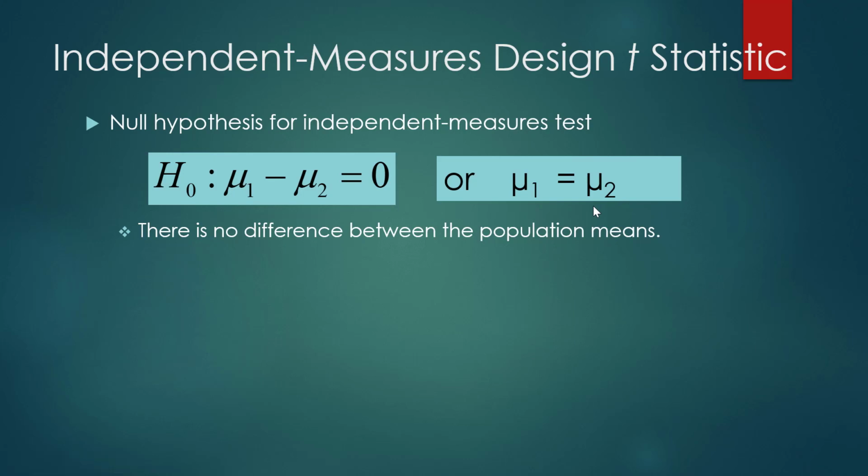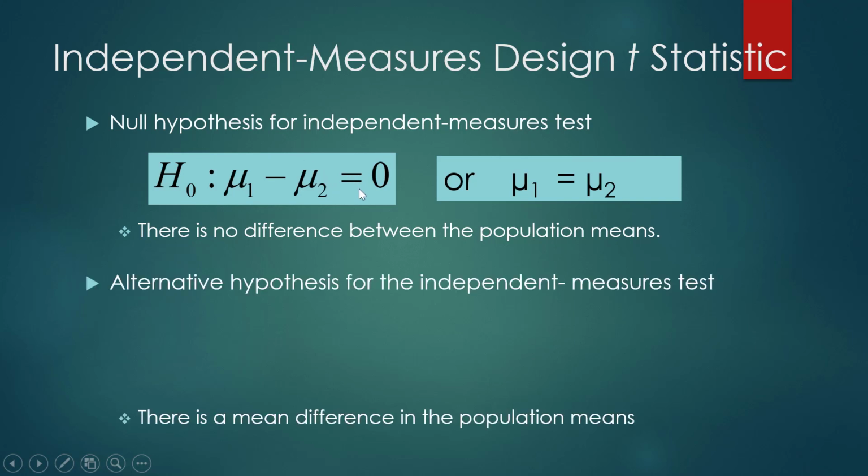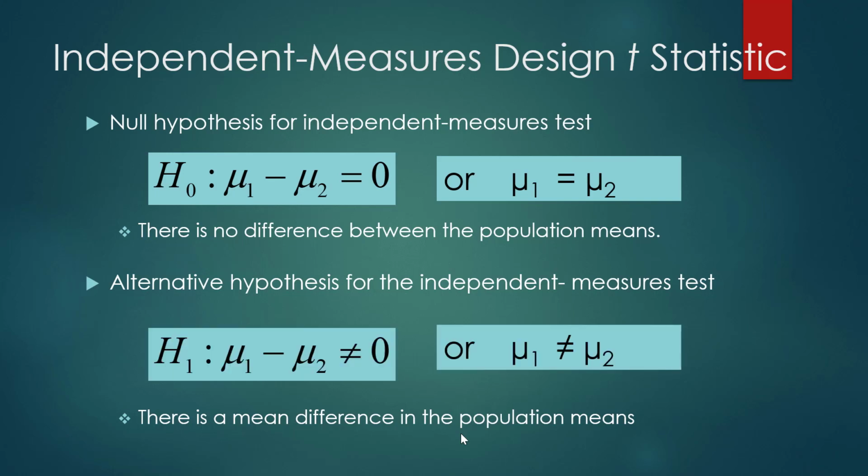For the alternative hypothesis, the idea is that this difference will not equal 0, because there will be a difference between the population means. So when we treat sample 1 and sample 2, they come up with different sample means that will then generalize to those population means. Here, the alternative hypothesis, H sub 1, is that when we subtract the mean of population 2 from population 1, we don't get 0 because they're not equal to each other.